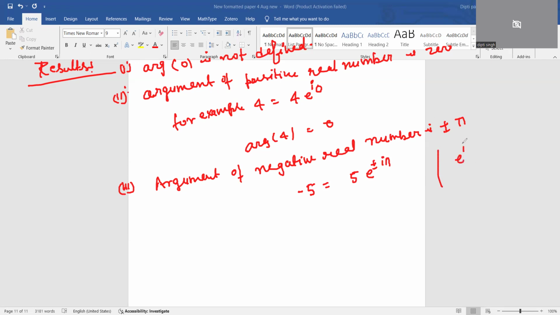Because we know that e to the power I theta means cos theta plus iota sine theta. So e to the power plus minus I pi will be cos pi plus minus I sine pi, and you know cos pi is minus 1. So that's why we can write it like that. So the argument of a negative real number is always plus minus pi.